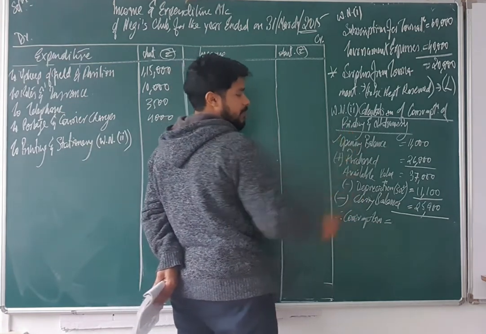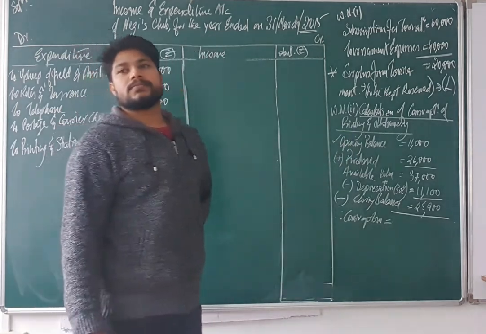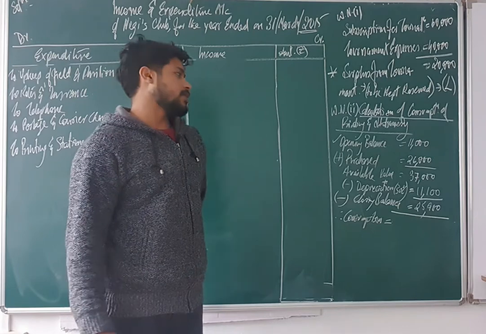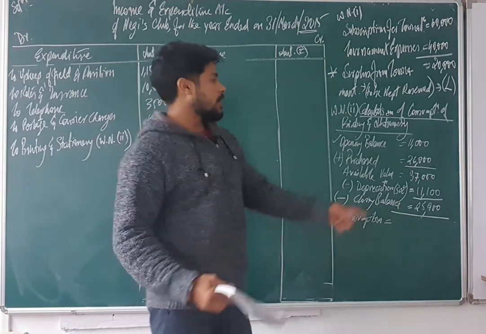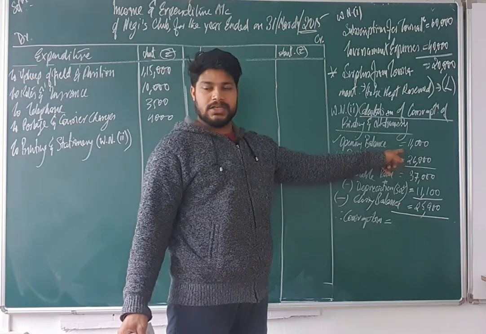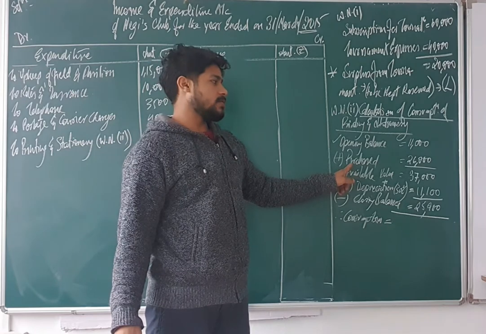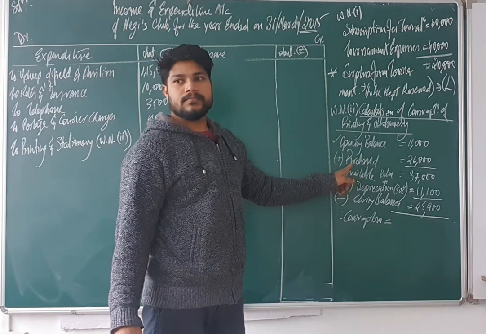You will take opening balance, put it in your calculator. Okay, put 11,000. Opening balance. Now see here. Plus purchases. Add purchases. Done.